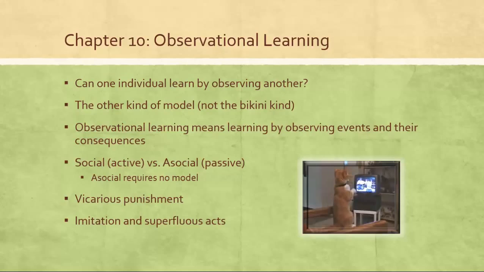If the consequences of the model's behavior strengthen the observer's tendency to behave in a similar way, we say the behavior has been vicariously reinforced. If the consequences weaken the observer's tendency to behave in a similar way, the behavior is said to have been vicariously punished.